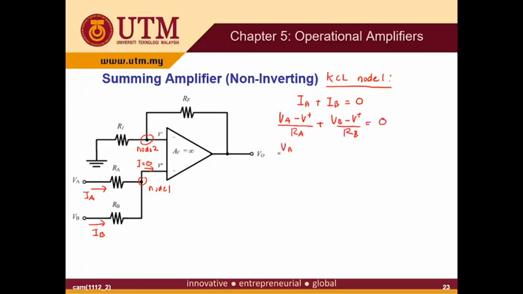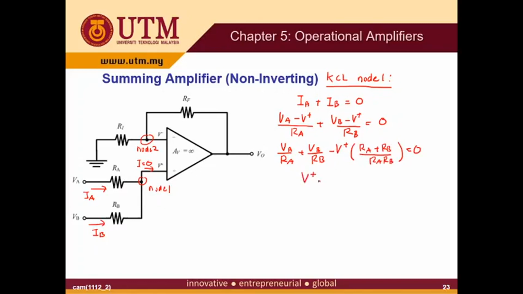So VA/RA plus VB/RB minus V plus times (1/RA plus 1/RB) equal to 0.